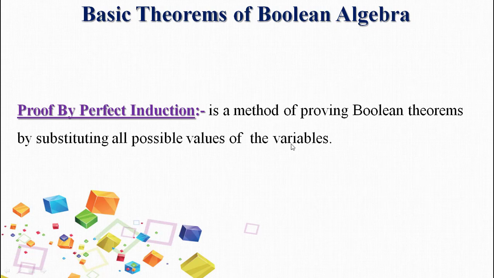These can store only two values, that is either 0 or 1. So, in the first case, we'll be substituting the value 0 and cross verifying it. In the second case, we'll be substituting the value 1 and cross verifying it.